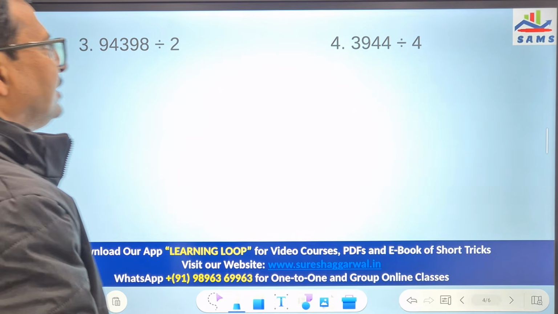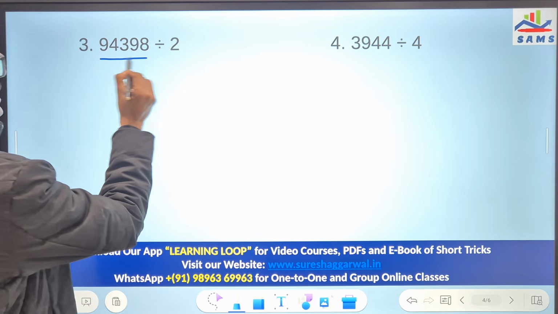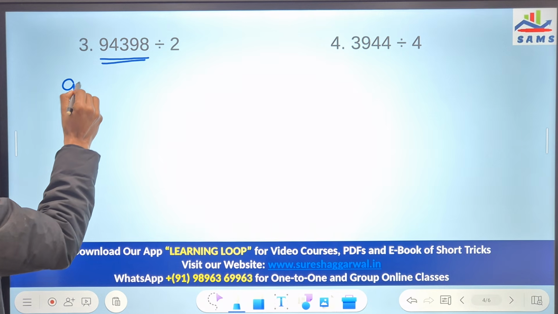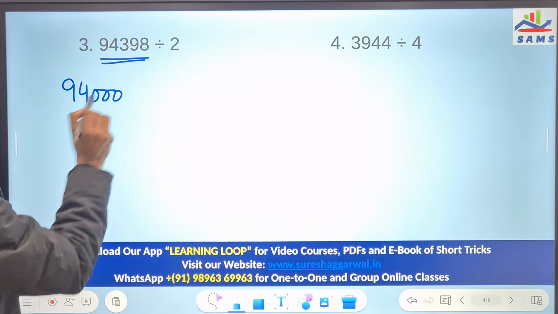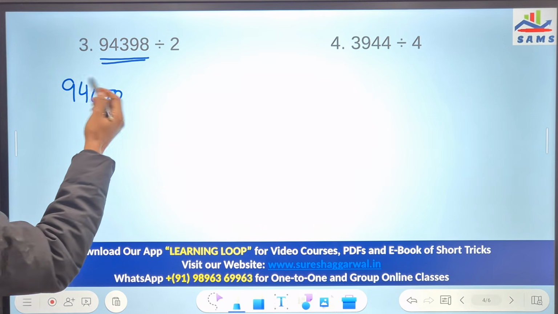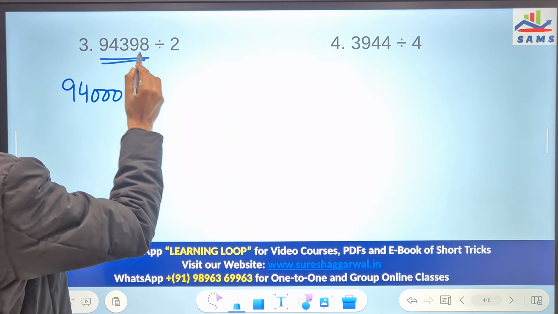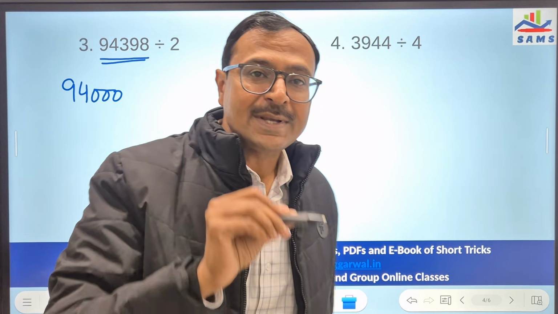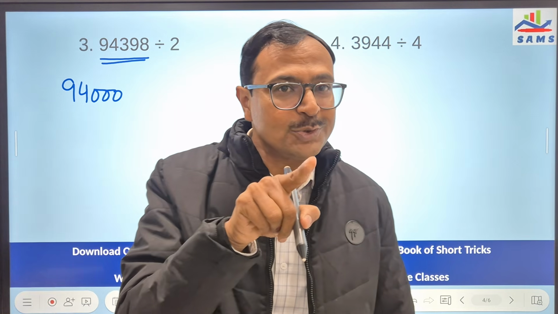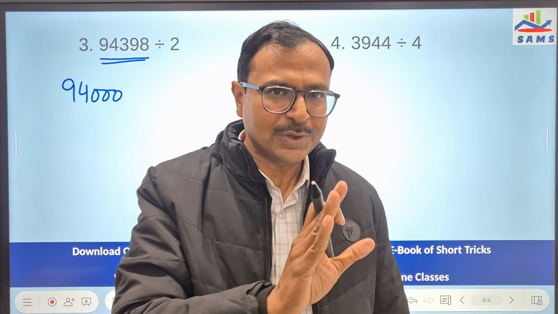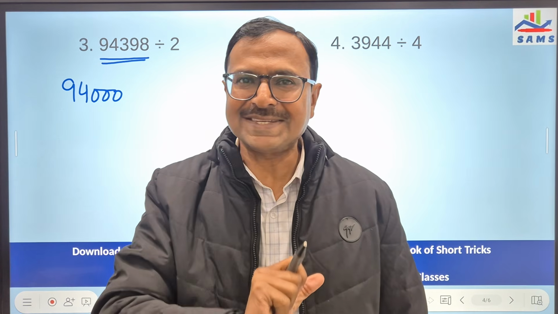Likewise, if the number grows in complexity like this number, I will write it as 94,000. See, this is speaking in the mind, not writing. 94,000, and then 398 I can do directly. Why? Because half of 400 I know is 200. So half of 398 will be 1 less than 200, right? And see, this is the skill.